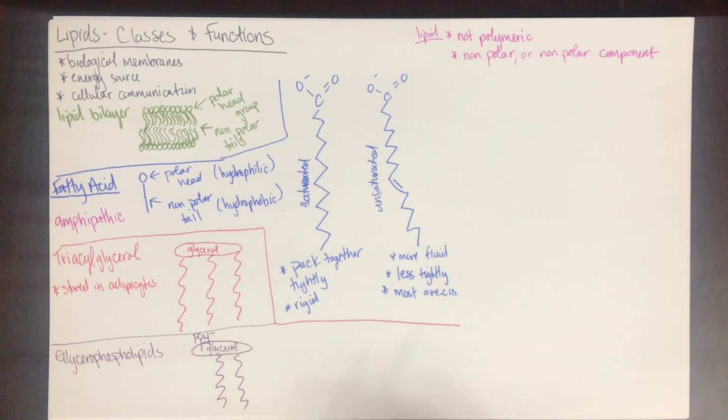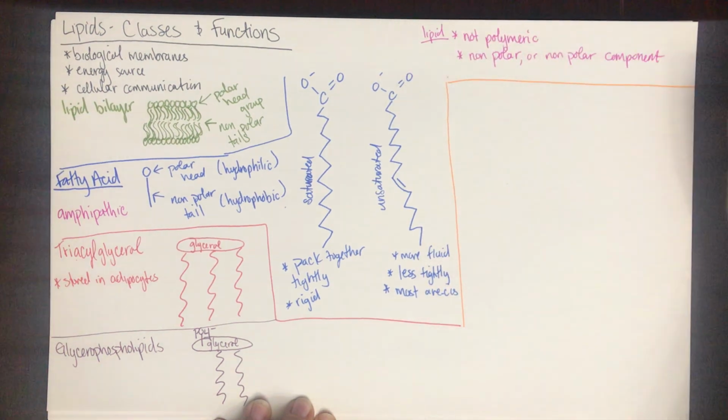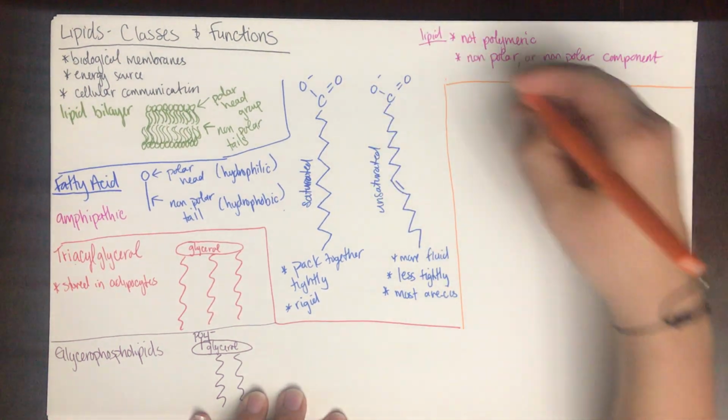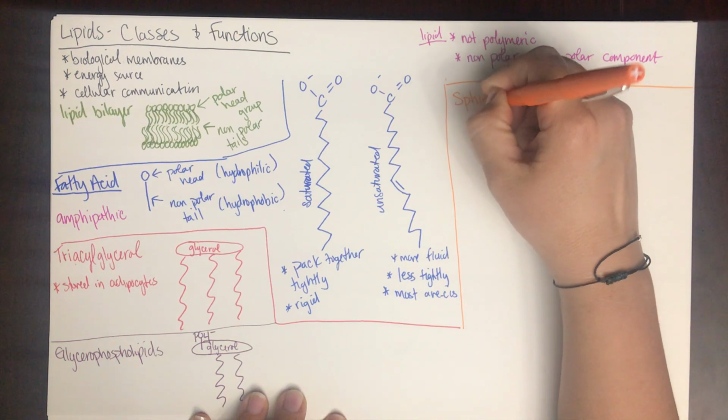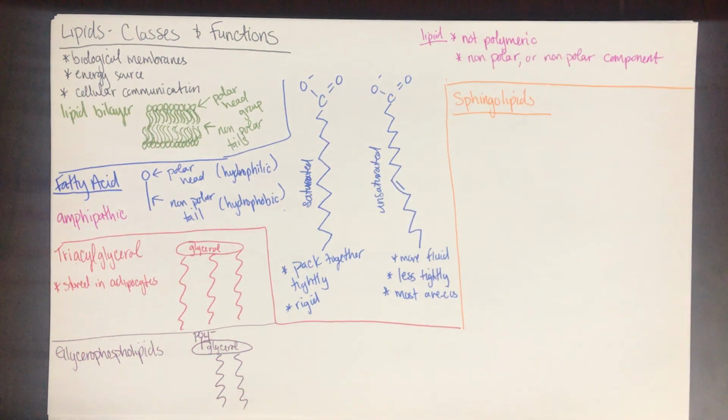Another class of lipids that we can talk about are called sphingolipids. So sphingolipids are sometimes called ceramides, and they include a molecule called sphingosine and a fatty acid chain, and then some other molecule there, a ceramide, phosphatidylcholine, glucose.